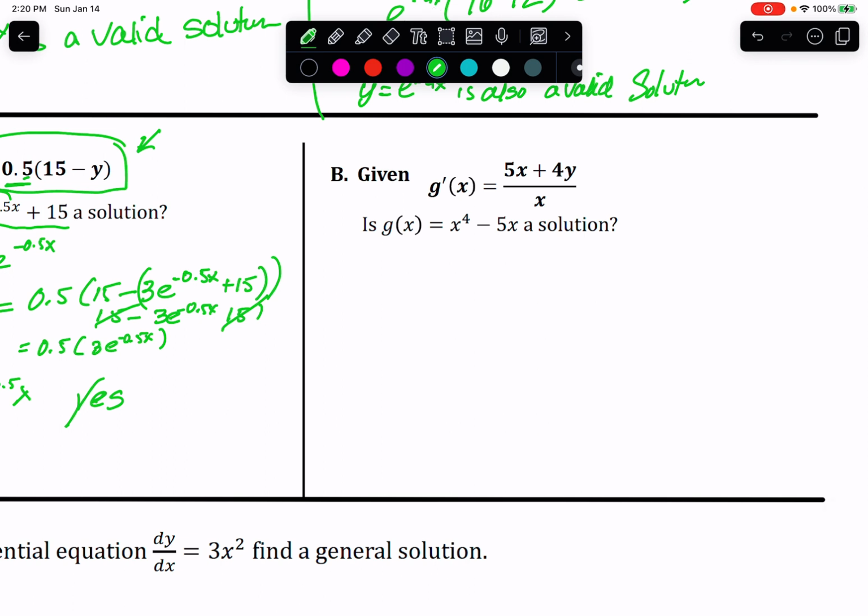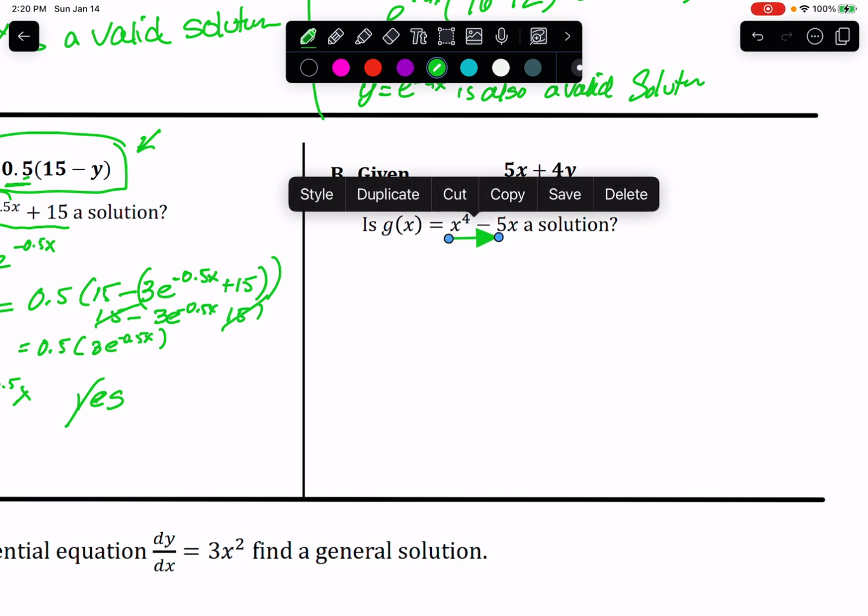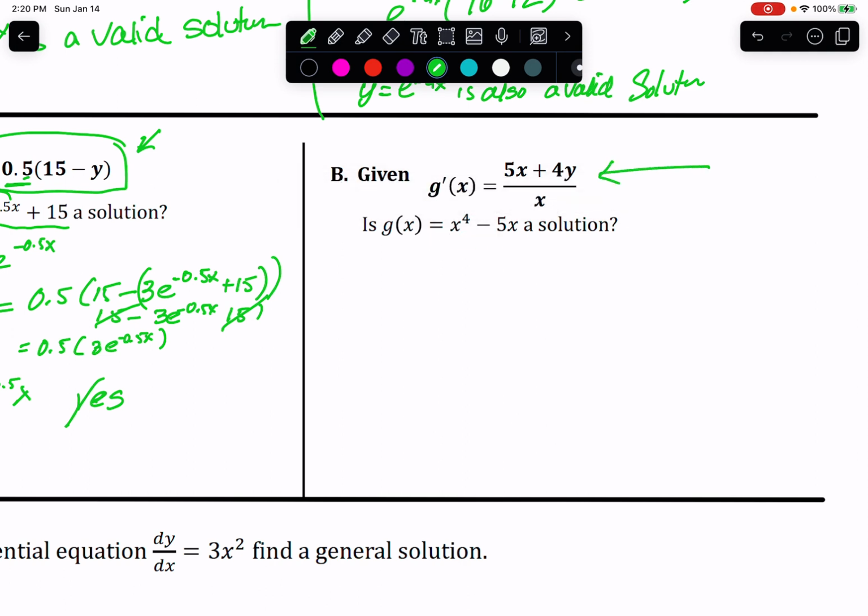g of x is, here's the equation they want to know, is that a solution to this differential equation? So we're going to need g prime of x. So g prime of x is easier than the other one, 4x cubed minus 5.